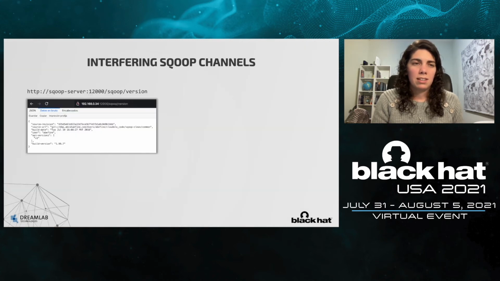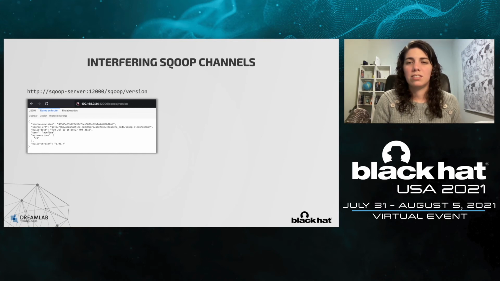We can actually abuse it, and we can get, for example, the Sqoop server version with this query. And then it's easier to use the Sqoop client to interact with the API, because there is not so much documentation, and it's quite complicated to use and set up. It took a lot of effort for me to actually abuse this API. So I recommend using the client.